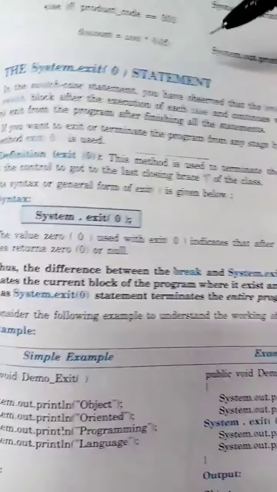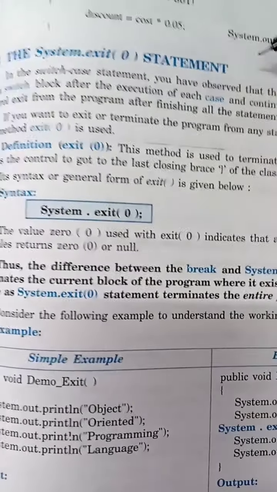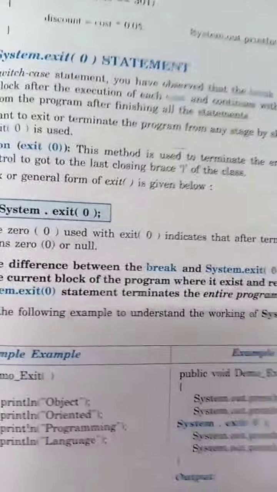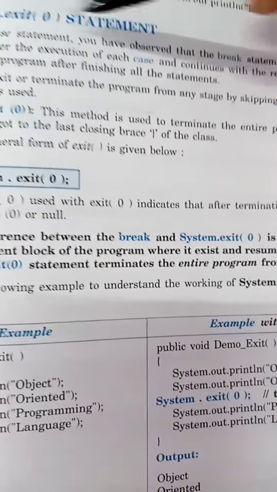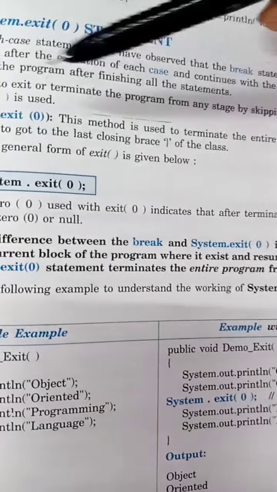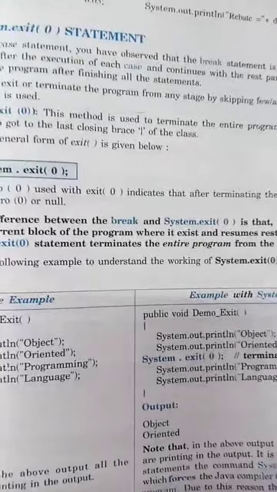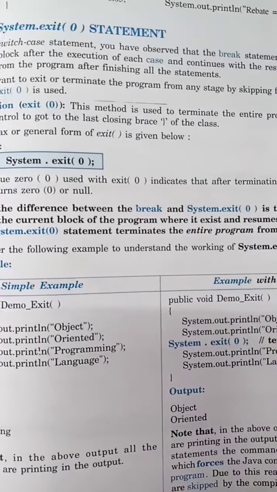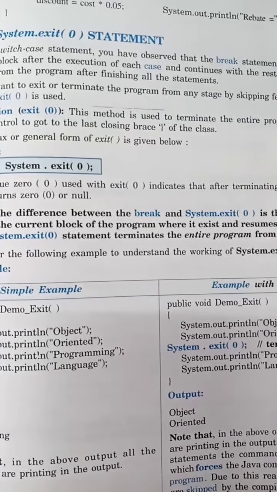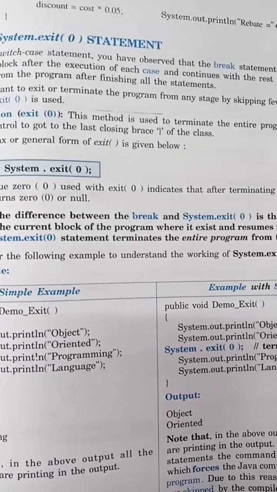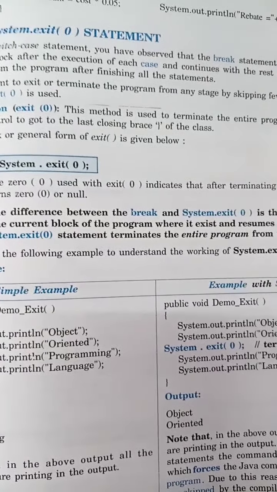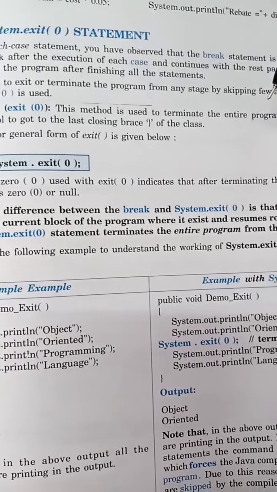Now, system.exit statement. This is a method, exit is a method, and this method, exit 0, is used to terminate the entire program. As I told you, break is a jump statement, but it causes the termination of the current block only.